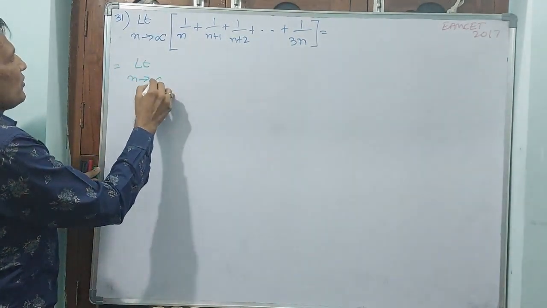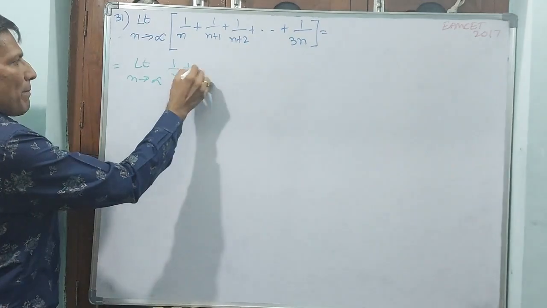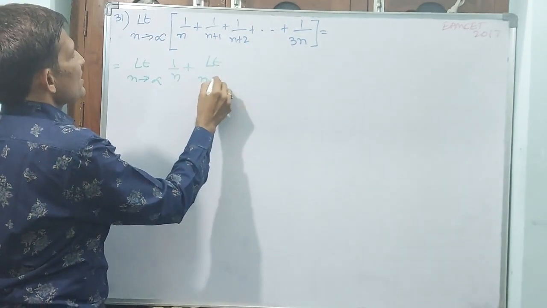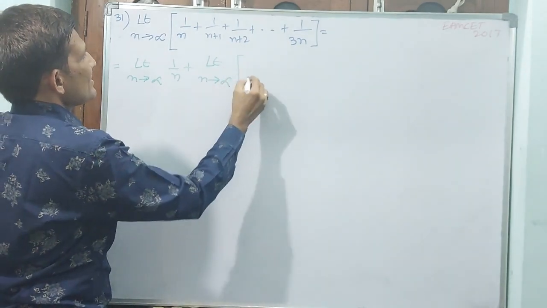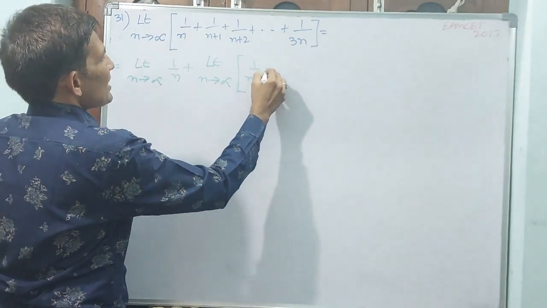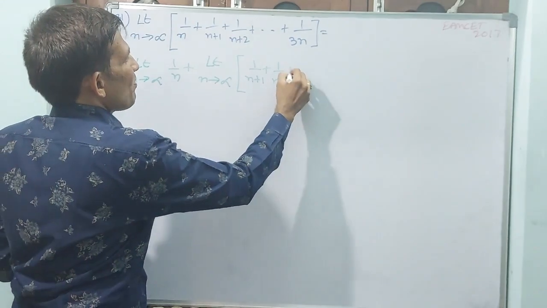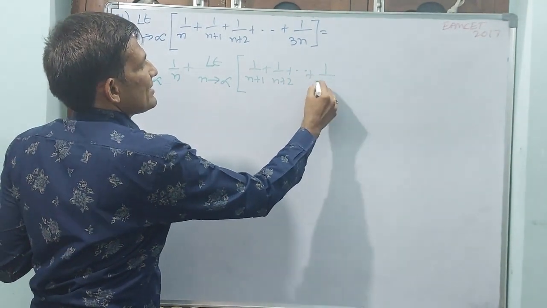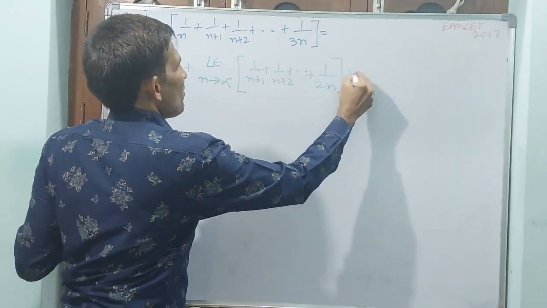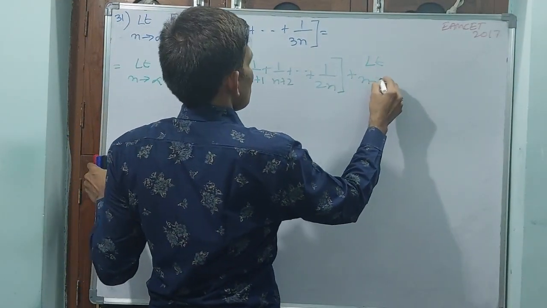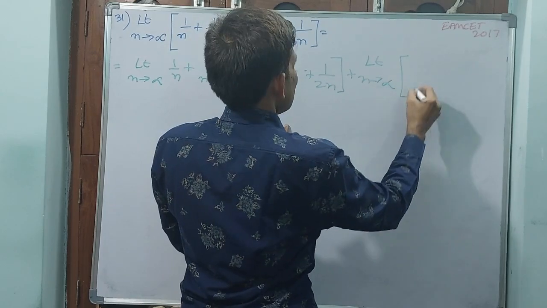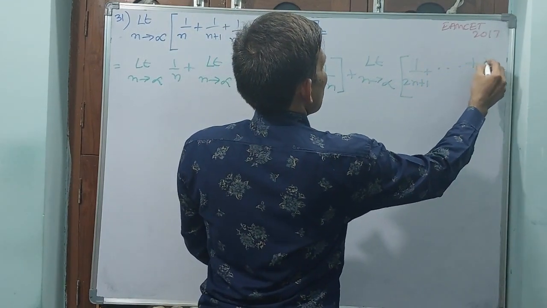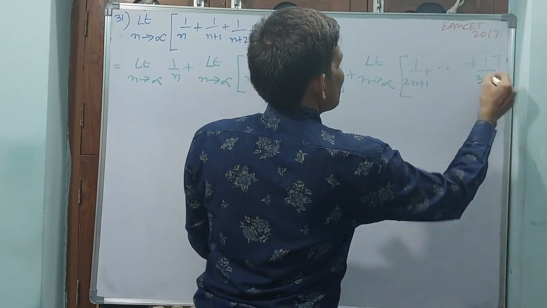Limit n tends to infinity 1 by n, plus limit n tends to infinity 1 by n plus 1 plus 1 by n plus 2 plus up to 1 by 2n, plus limit n tends to infinity 1 by 2n plus 1 plus up to plus 1 by 3n.